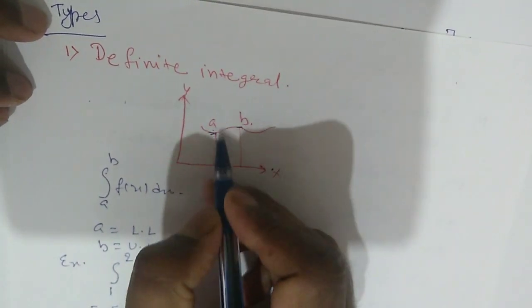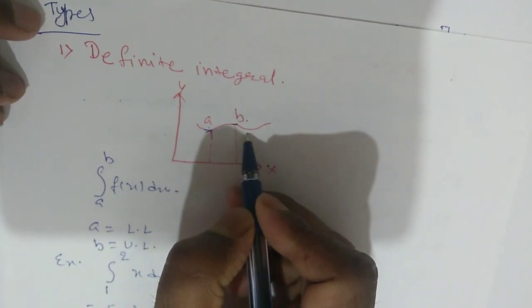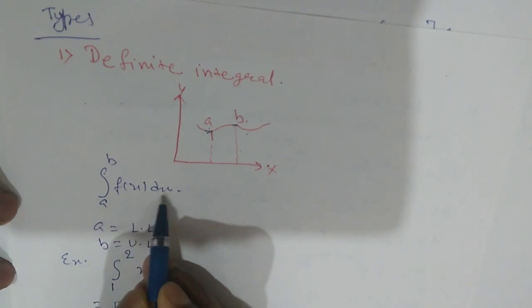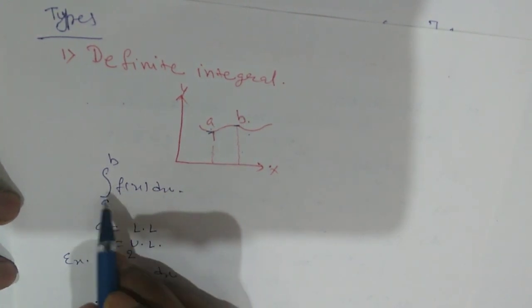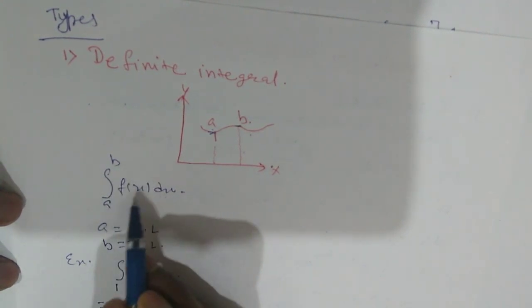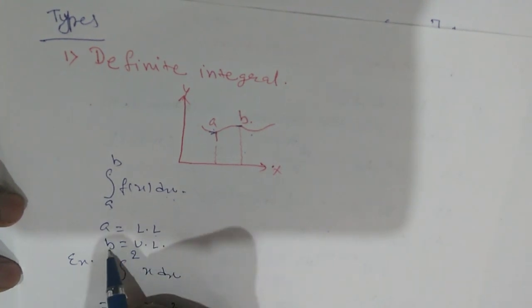The region between them comes under integration. So write it like integration from a to b of f(x) dx, where a is the lower limit and b is the upper limit.